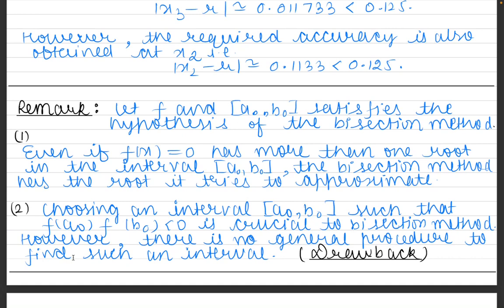So this has root at 0, pi and minus pi. So it so can happen that in a compact interval, a continuous function can have more than one root. Even then, bisection method does not fail. It just depends on what interval you start with in the beginning. The bisection method will have the root it tries to approximate.